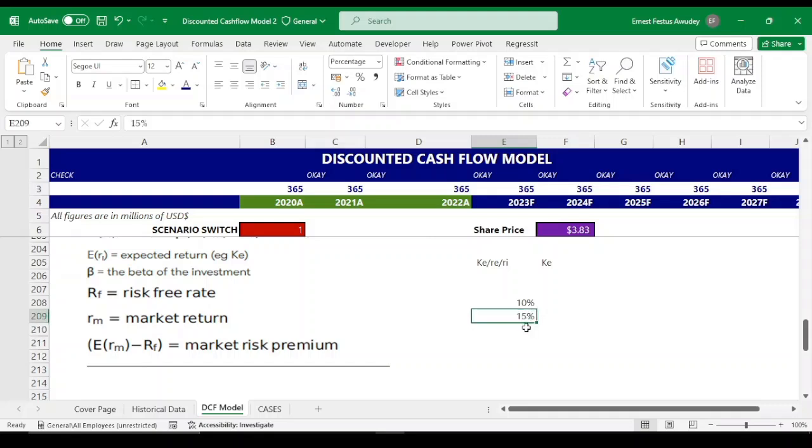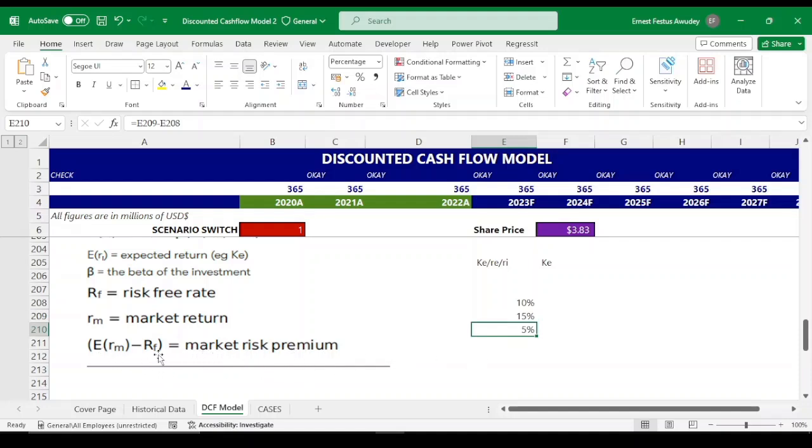So what that means is that your market risk premium will be equal to the difference between the return on the market, which is the 15% as a result of the risk you are willing to take, and the risk-free rate of investment, which is the 10% here. And so this 5% gives you what we call the market risk premium.